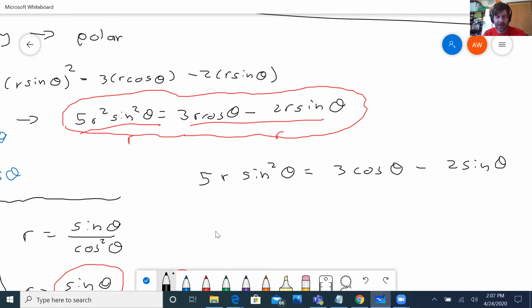Then I can divide everything by 5 sine squared theta to solve for r.